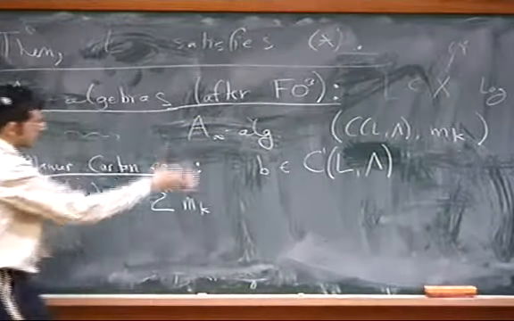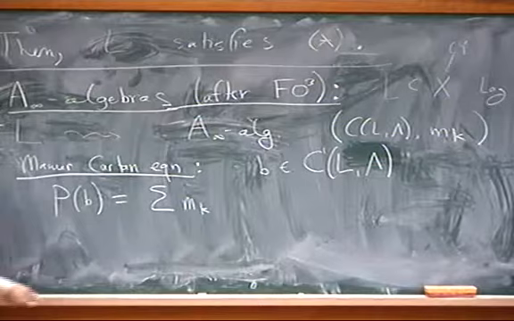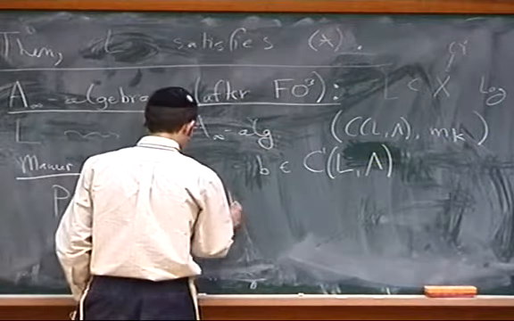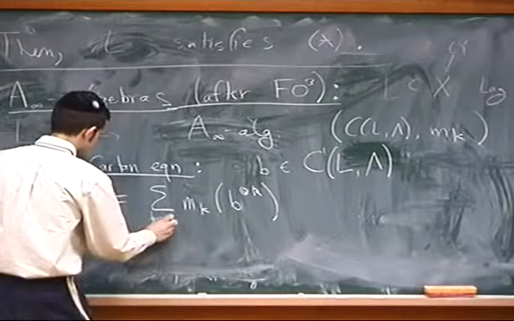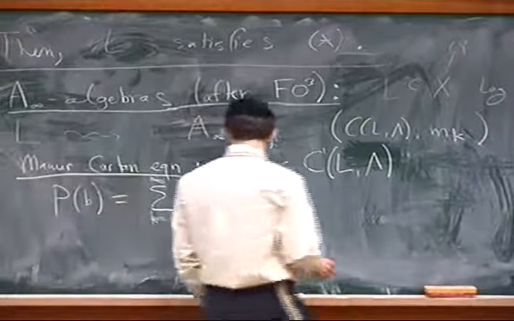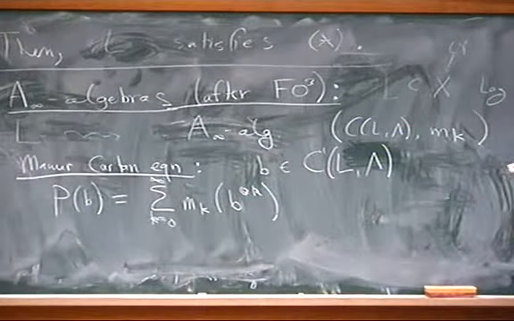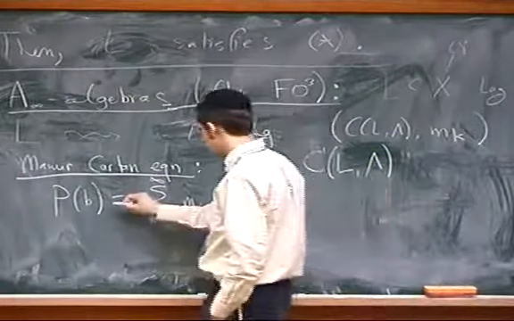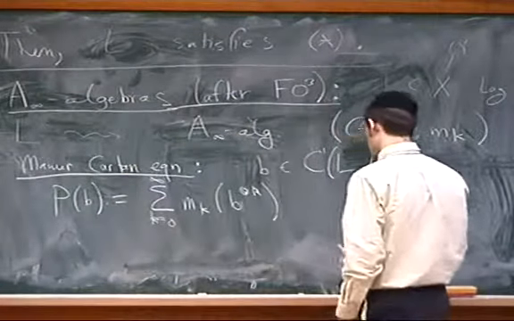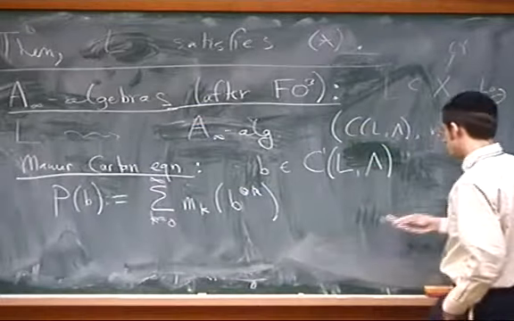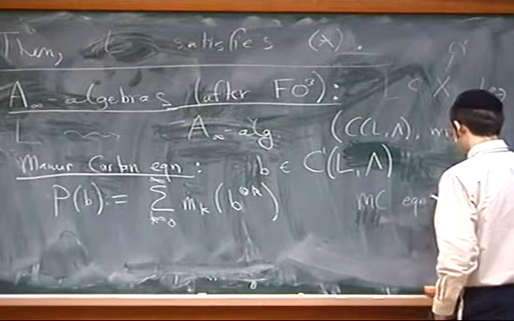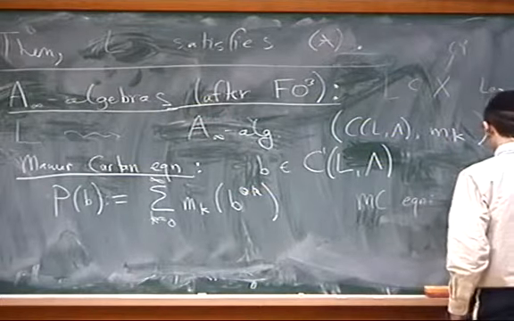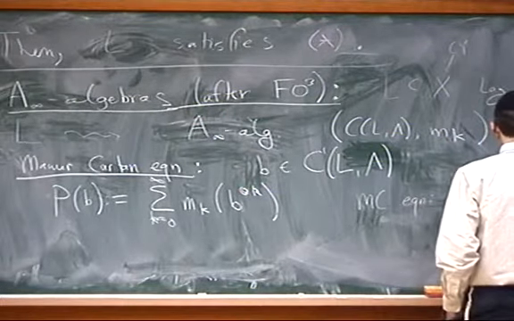In general you could look at the odd part and the even part and so forth, but I'm not going to need that. So it's the sum over k from 0 to infinity of m_k of B to the k. The Maurer-Cartan equation is that P of B equals 0.